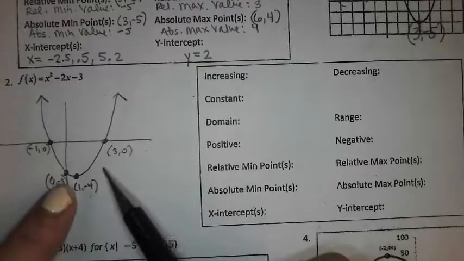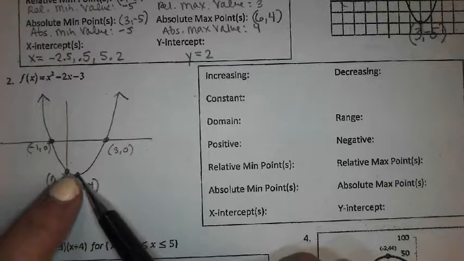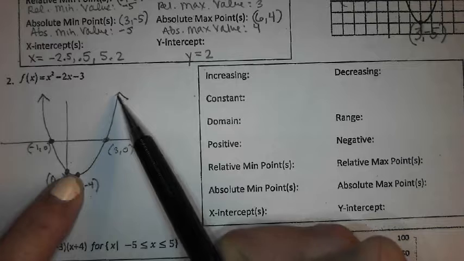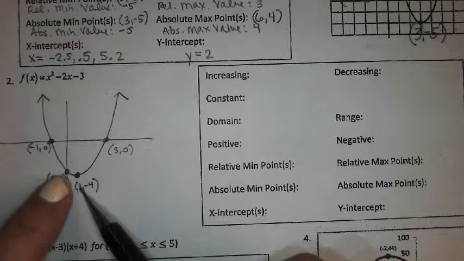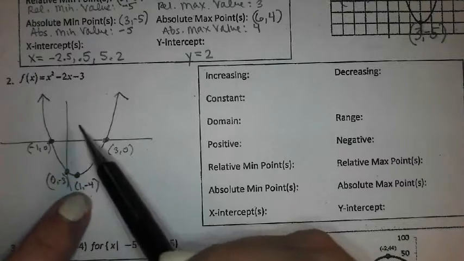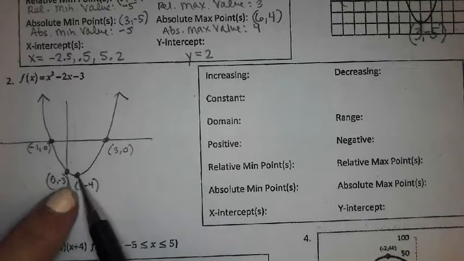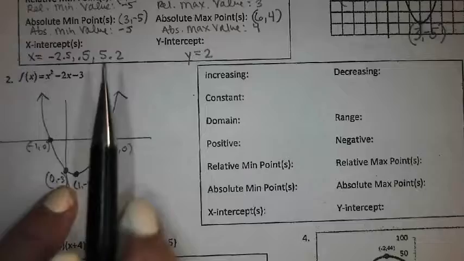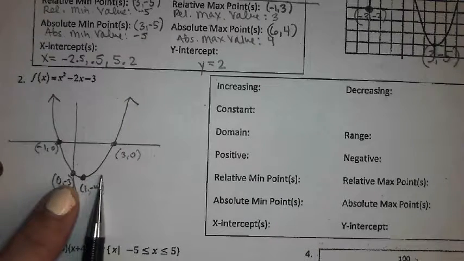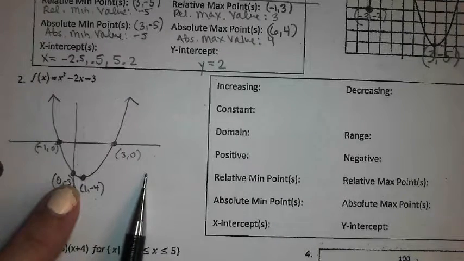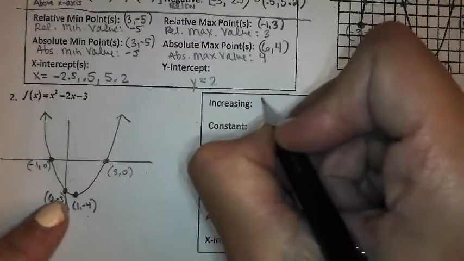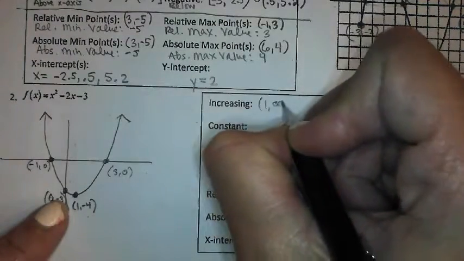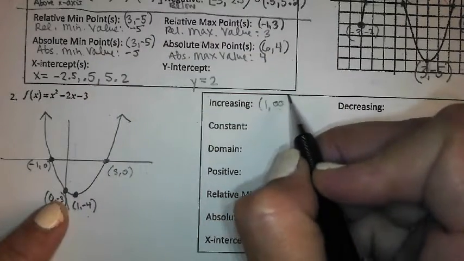If I pointed visually, we all can see that it starts increasing from here and then forever, right? Okay? What is the x value of when that occurred? 1. So it's increasing. Remember, we're always looking at the x coordinates. From 1 to, when does it stop increasing? Never. So to infinity, right? So 1, and here's our infinity symbol.